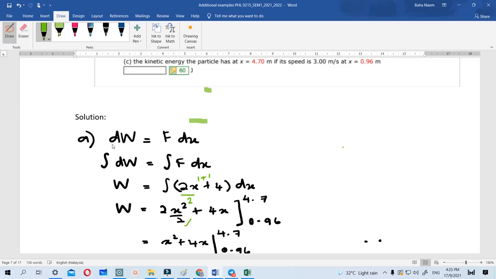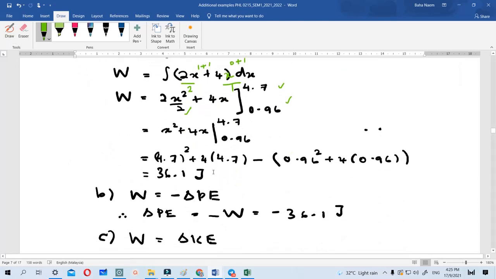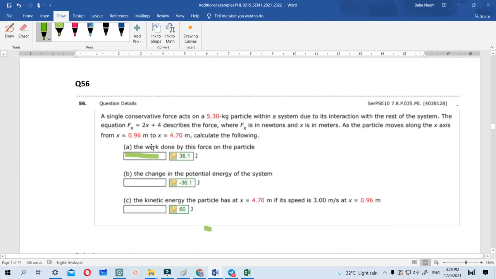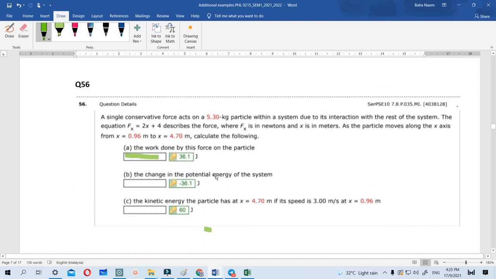So you arrive at this one. This one, the index is 0, so add 1, then divide by the new index, 1. So it becomes 4x. And then substitute the limits, and you will arrive at this answer. Okay, understand?